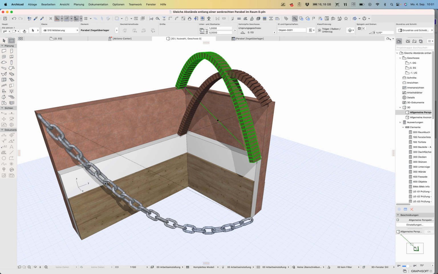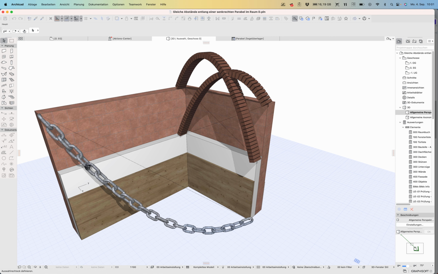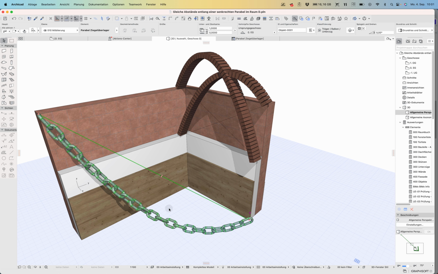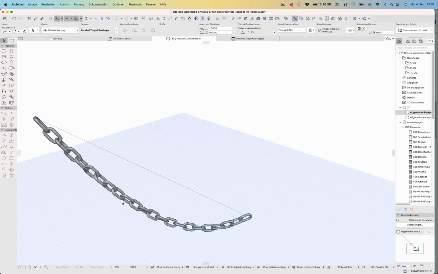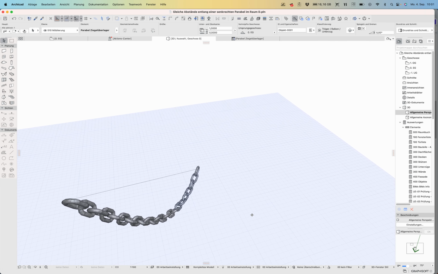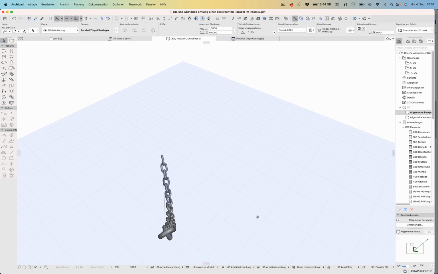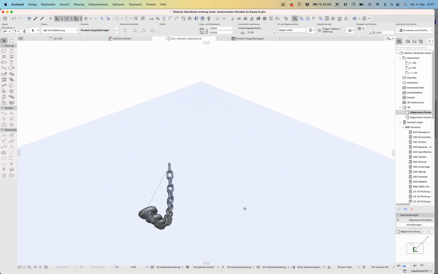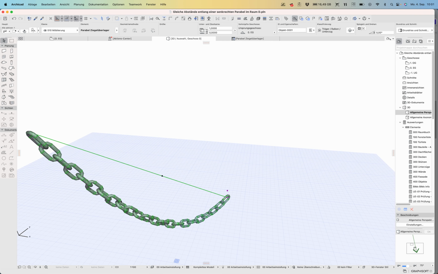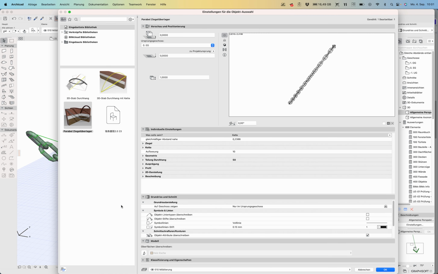By the way, what I did in the chain to get it a little more natural, here. So, if you look down the chain, it turns a little bit. What have I done?